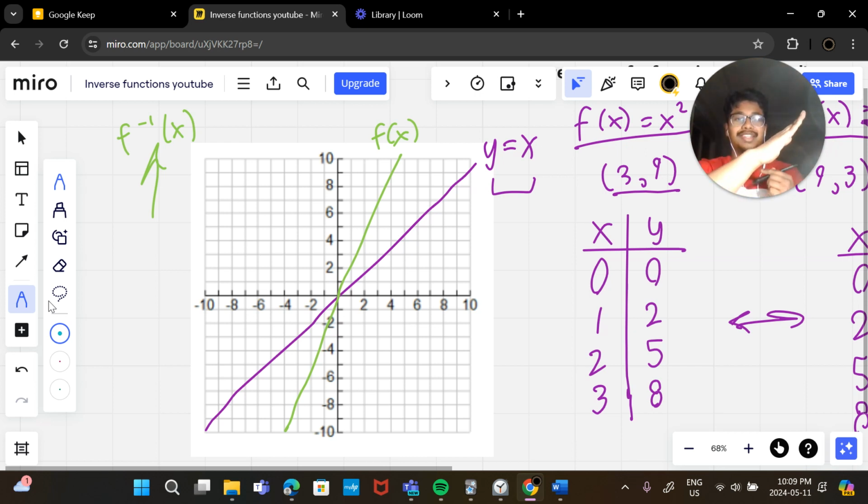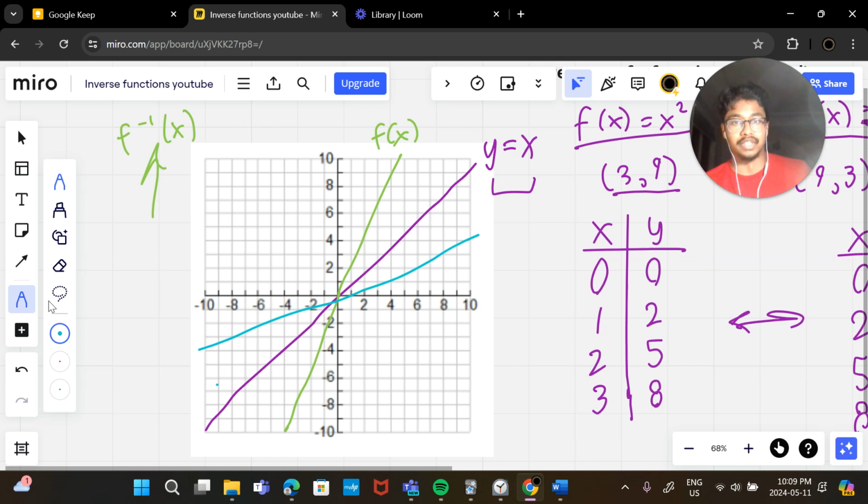If this y equals x line is the mirror, you have to imagine this f of x function flipping over to the other side. I can't really represent it with my hands. It might not seem intuitive at first, honestly, but it'll take some time. Then this will basically look something like that, flipped in the other way.